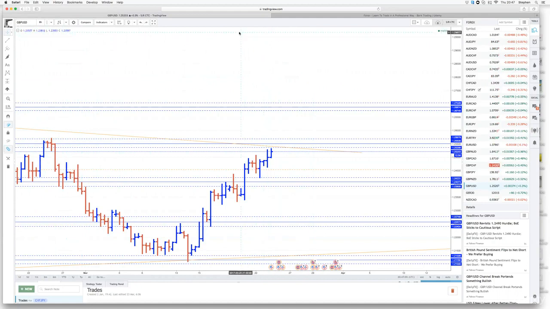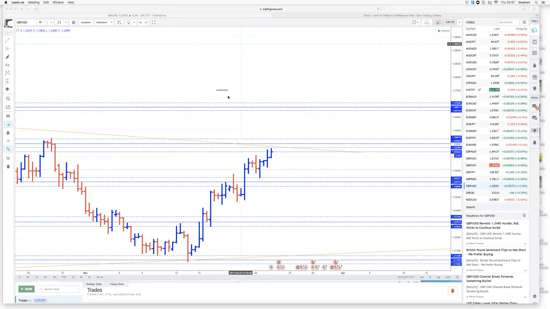So just to cover for a third time, you have an open, a high and a low, and then you have a close. So what is a Japanese candlestick? Well, a Japanese candlestick is just the middle filled in.